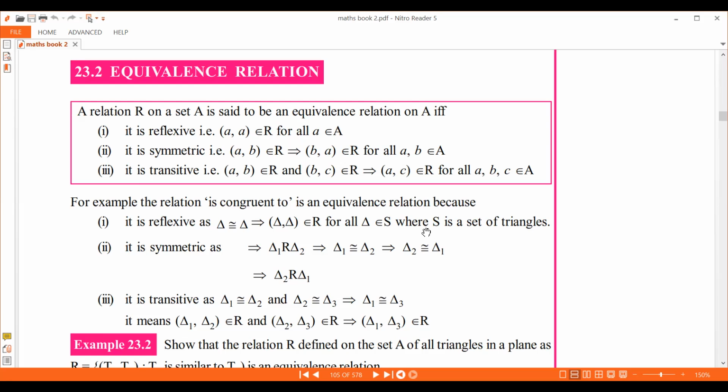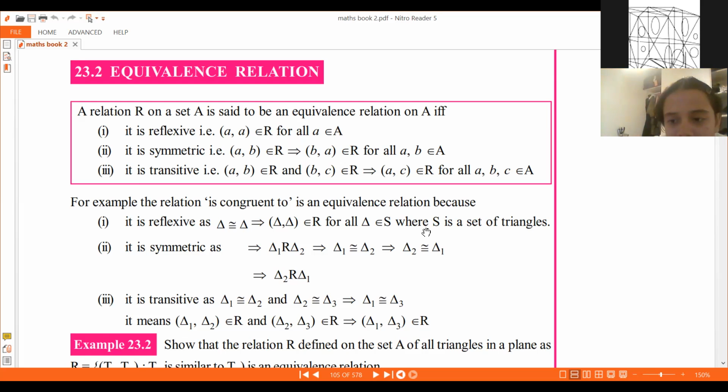All the 3 properties work for every element that is chosen, whatever element you take. It works for everything. That means you will find all the doublets. You will find everything. Okay. Clear. Now let's move on.